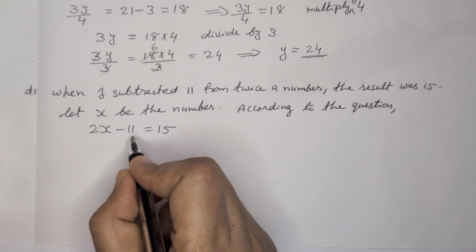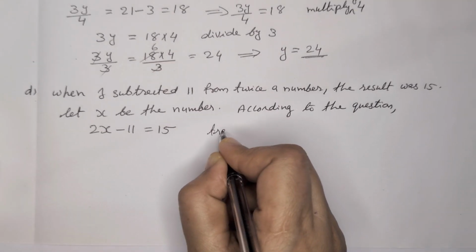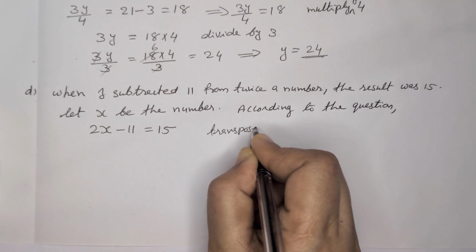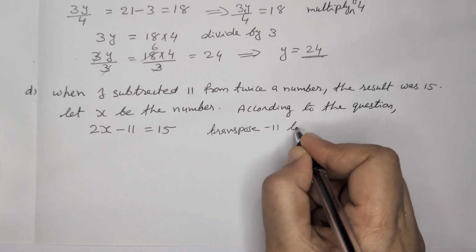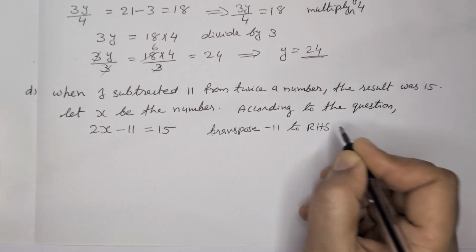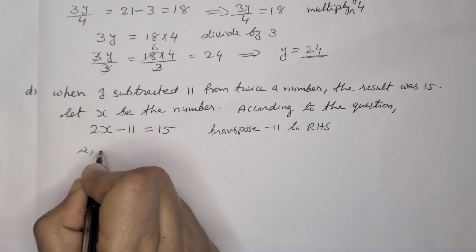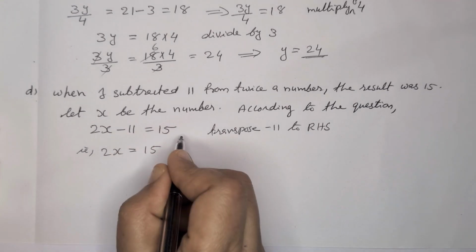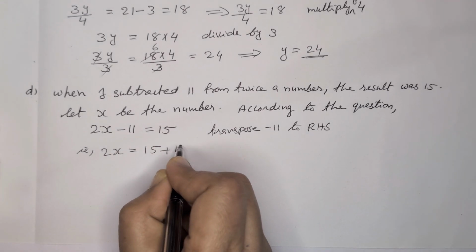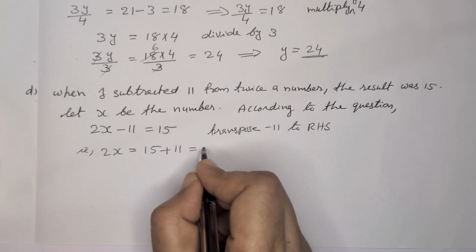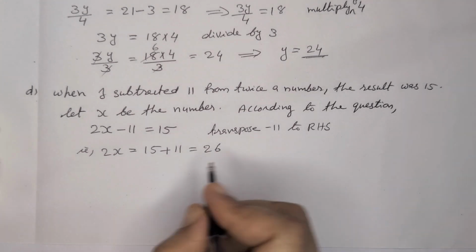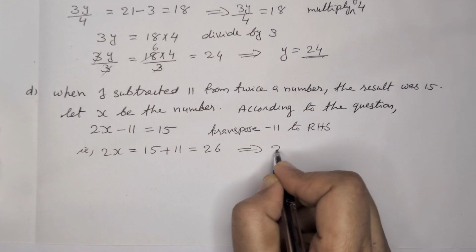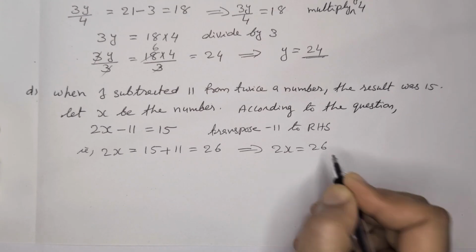So first we have to transpose minus 11 to RHS. So it will come 2x is equal to 15, minus 11 to the other side will become plus 11, is equal to 26, which implies 2x is equal to 26.